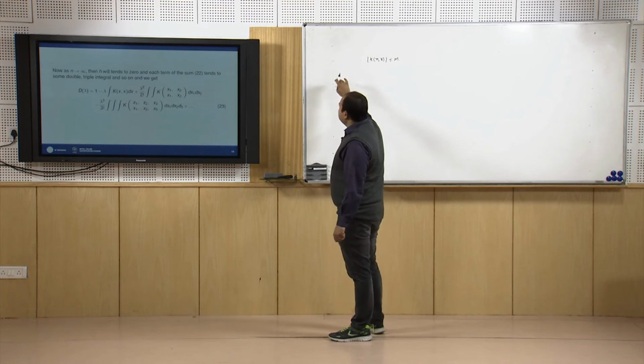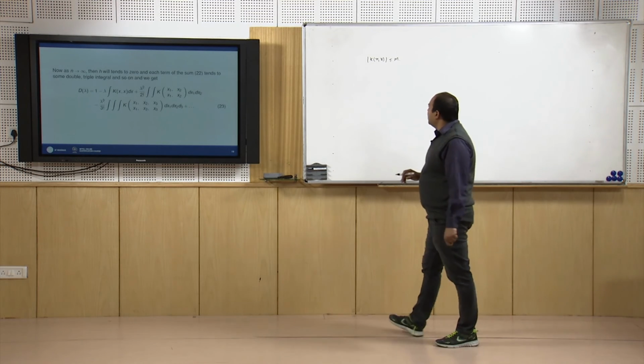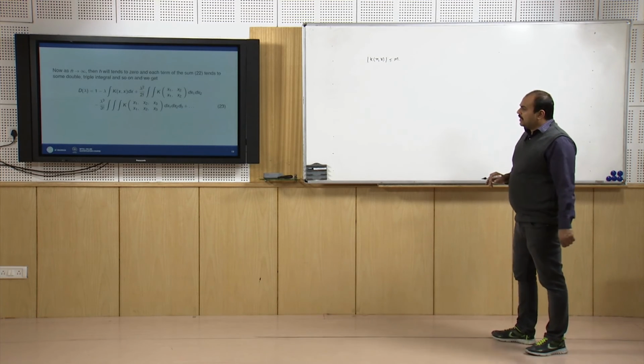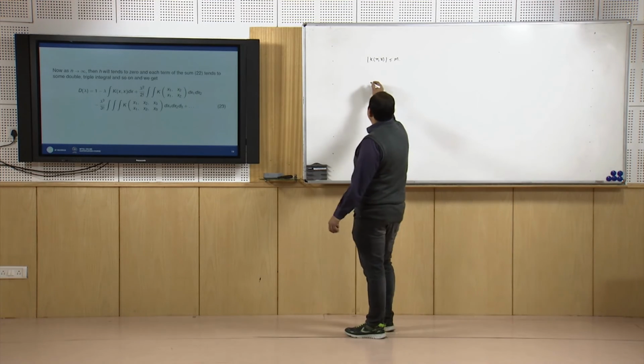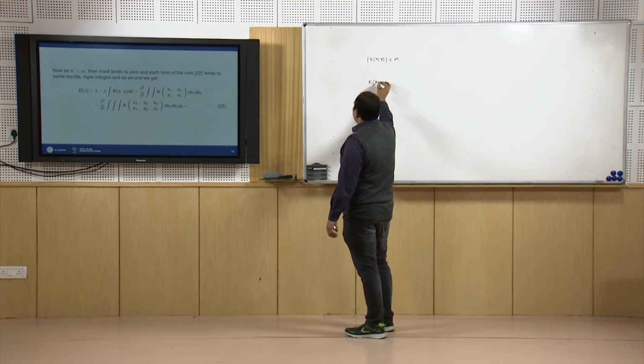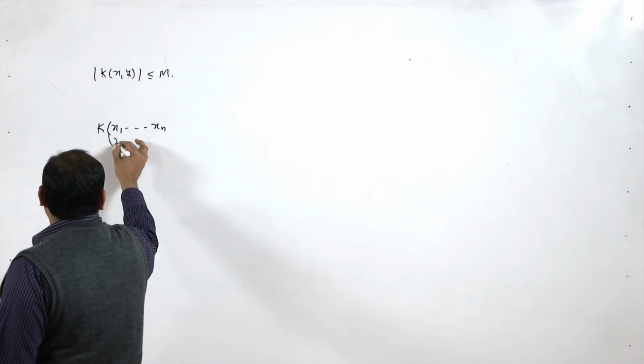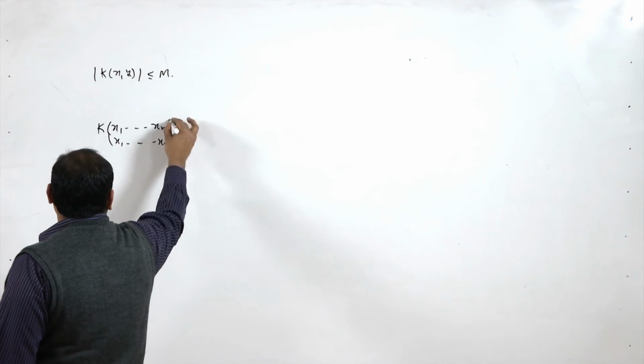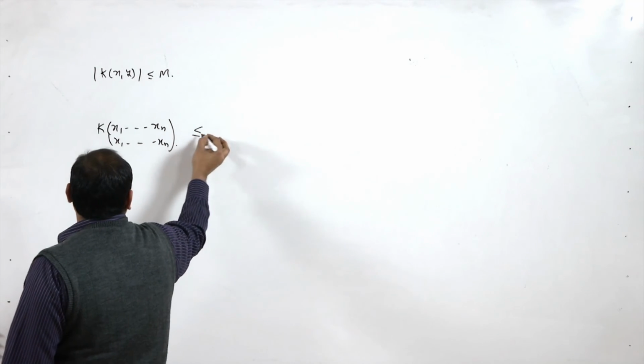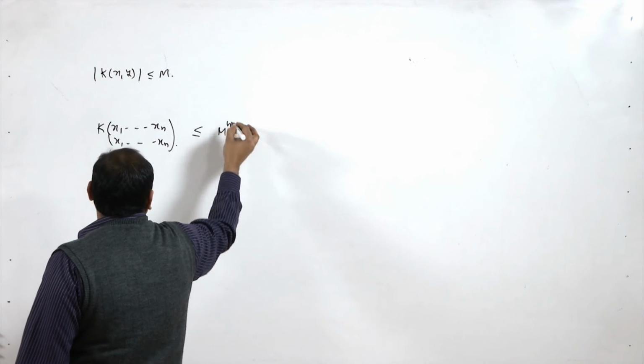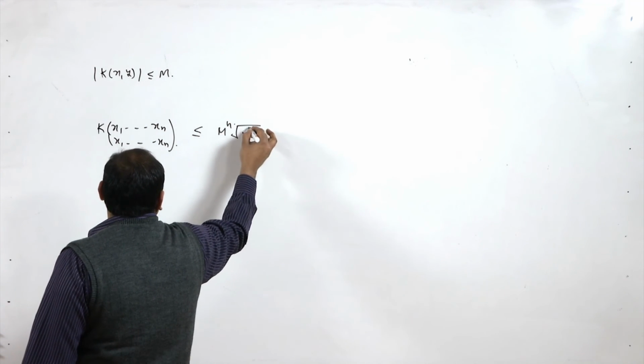So he assumed that if the modulus of k(x,y) is less than or equal to M, then the expression k(x1 to xn, x1 to xn) is bounded by M to the power n times n to the power n by 2.